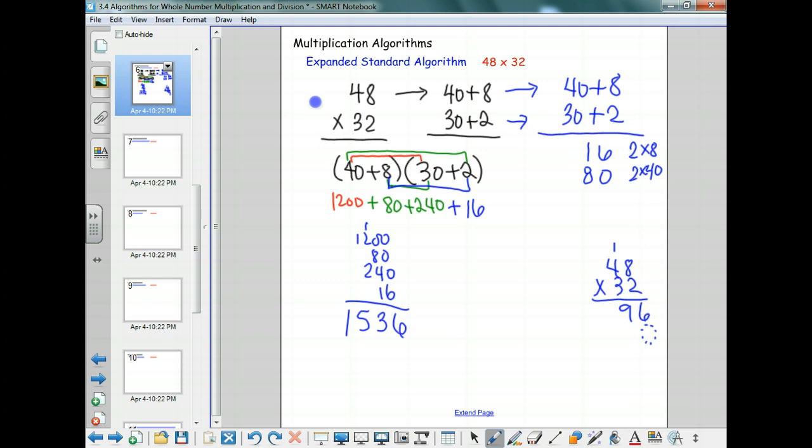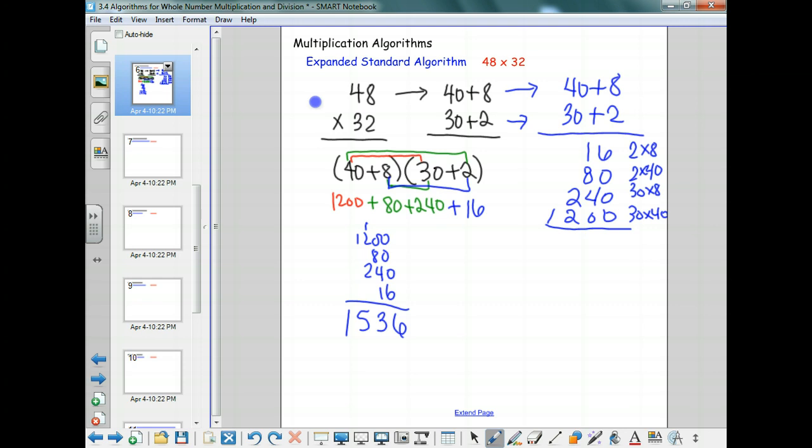So you can see that happening here really nicely when it's actually written out. So this is 30 times 8. And, well, let me move this now. So you've got your 240, and then you have your 30 times 40. And you've got, what, 1,200? Okay, and it adds up, of course, to the same 1,536.